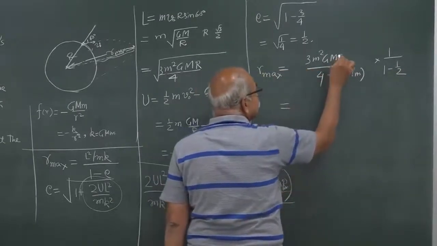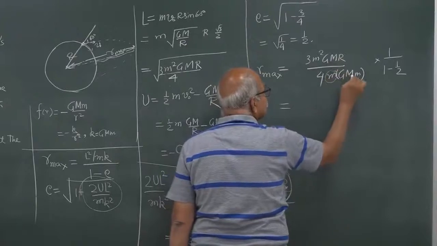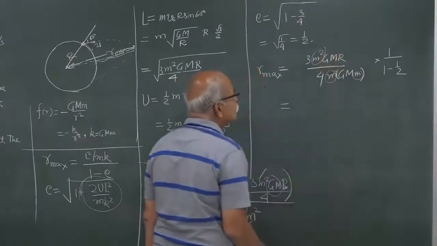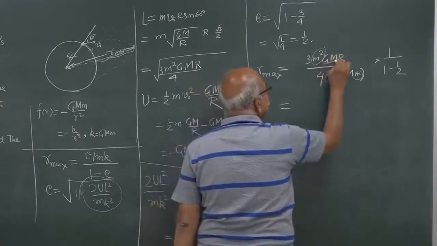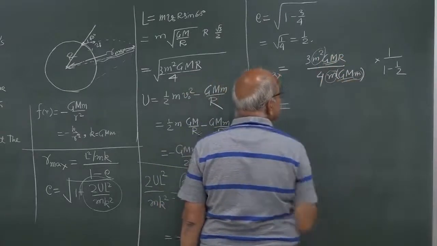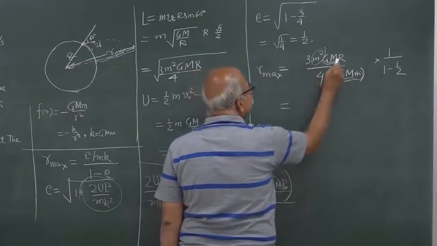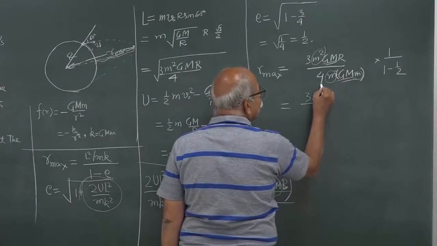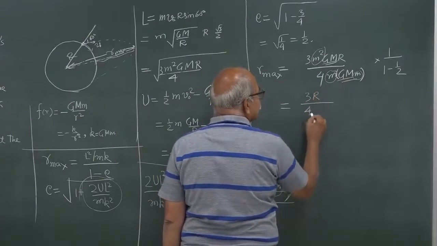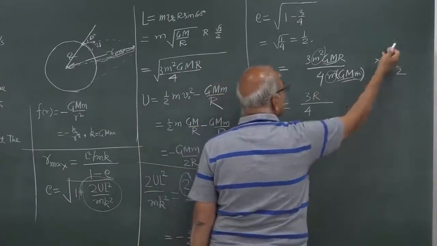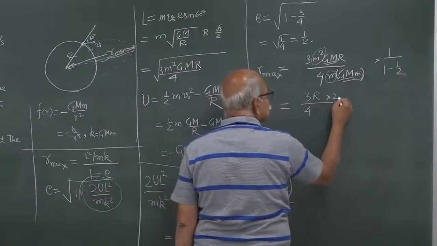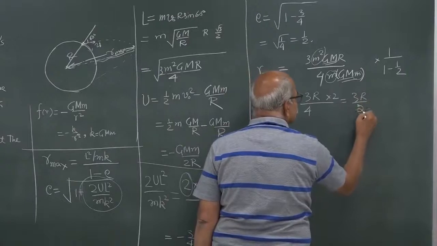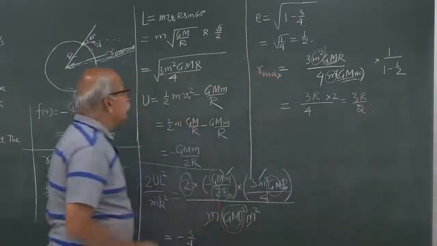So, once again you have m square, m here and m square here cancel out, G into M cancel out, and what is left, 3 into r here, and then 4 here, and then half here, that will go up. So, that will become into 2, and this is 3 r by 2. This is r max.